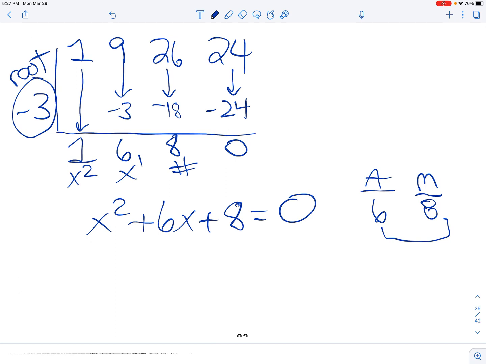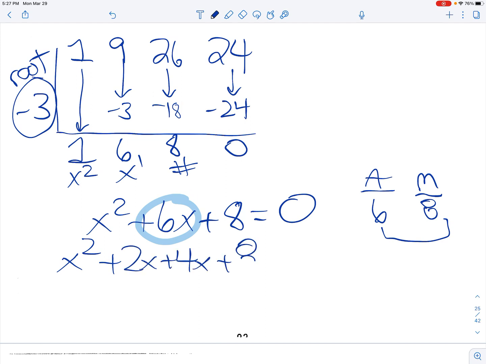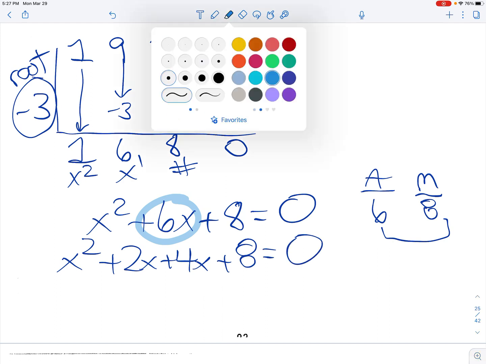Two numbers that add up to 6 and multiply to 8 would be positive 4, positive 2, right? So if you want to expand this, and that's what you're doing with grouping, is expanding the middle term, you can write this as x squared plus 2x plus 4x, or plus 4x plus 2x plus 8 equals 0.